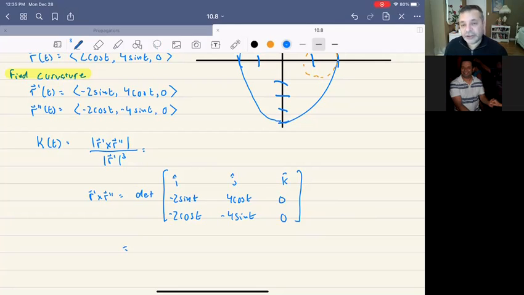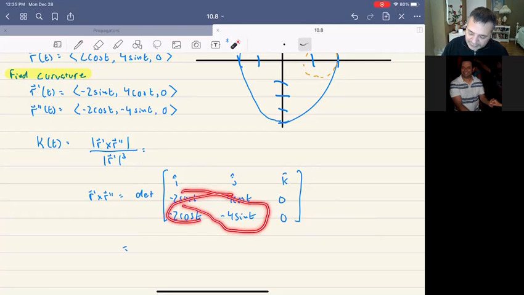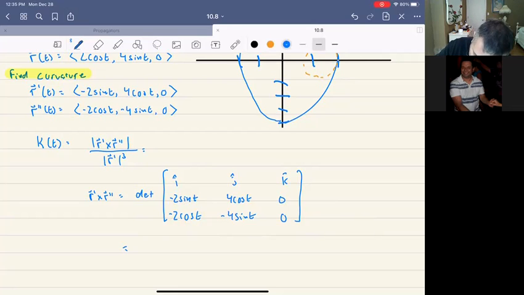It's only going to have a k component, and it's going to be 8 sine squared plus 8 cosine squared. That's going to be 8. So we're going to have 8 divided by the magnitude of r prime cubed. I better remember to cube it because I did this problem already, didn't cube it, and now I'm doing it again. That's why you've got to do things right the first time.